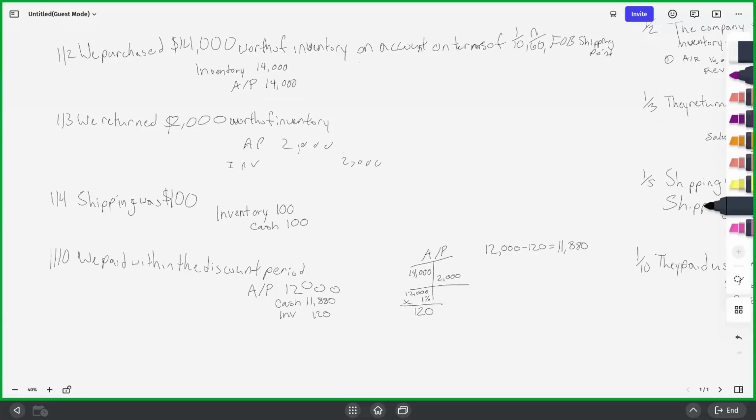Discounts is a contra revenue account. Yes, they're all under equity. But the reason I wanted to split it up to show that process is specifically because they're contra revenue accounts. Because they go against revenue. They're basically like expenses, but revenue expenses, if that makes sense. That's why we debit them. Yep.